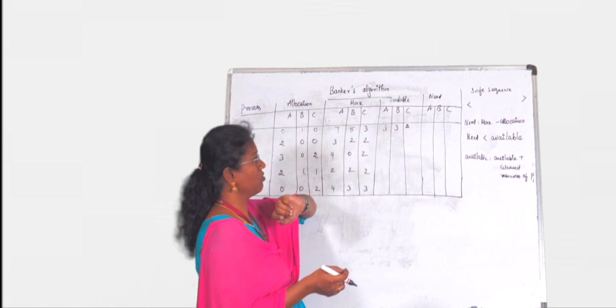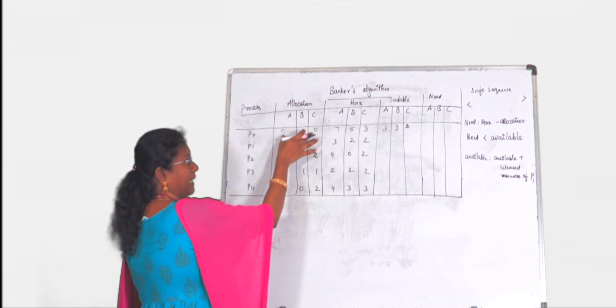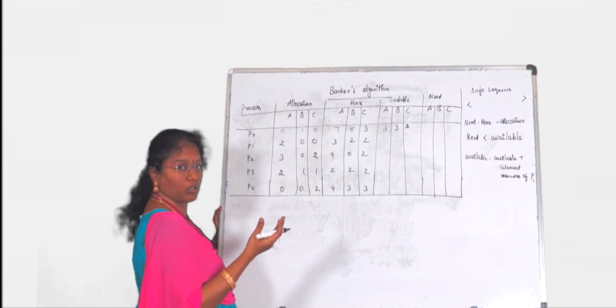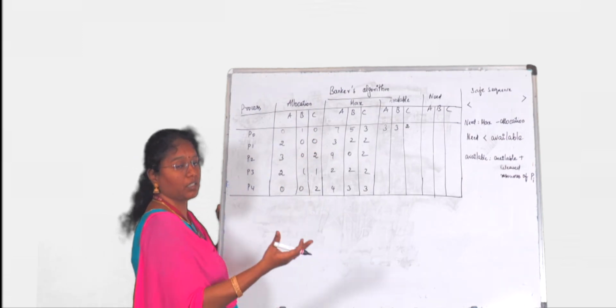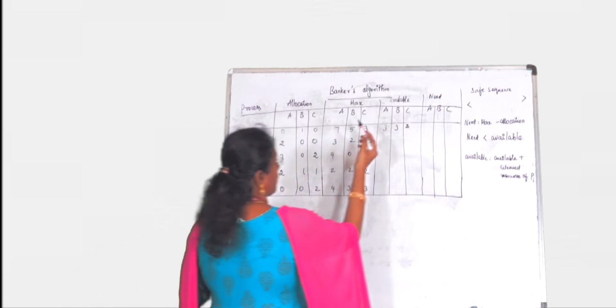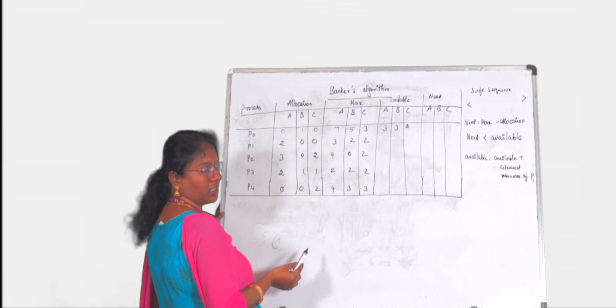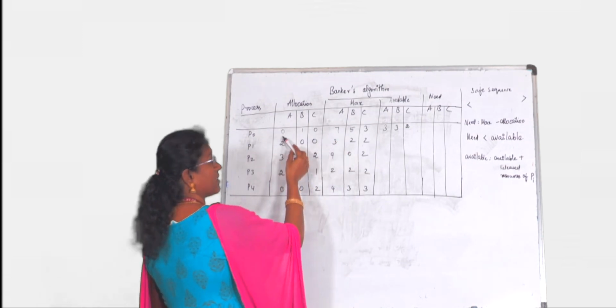Now we know the maximum resources and the allocated resources. We need to know how much more is needed to execute, so we find need equals maximum minus allocation. For A, the maximum is 7, but how many have been allocated? 0.